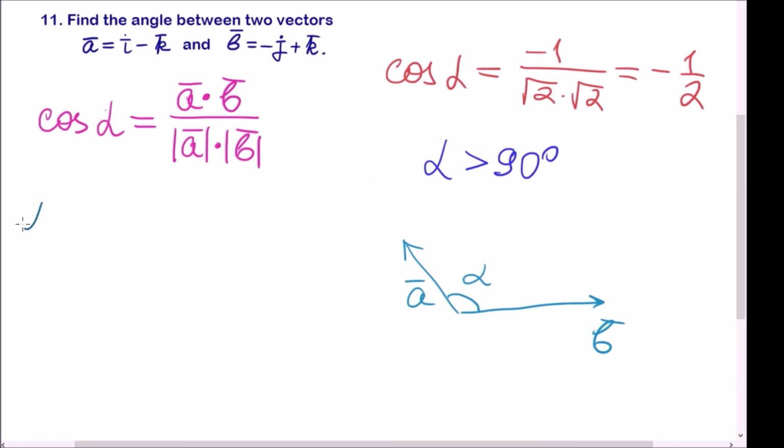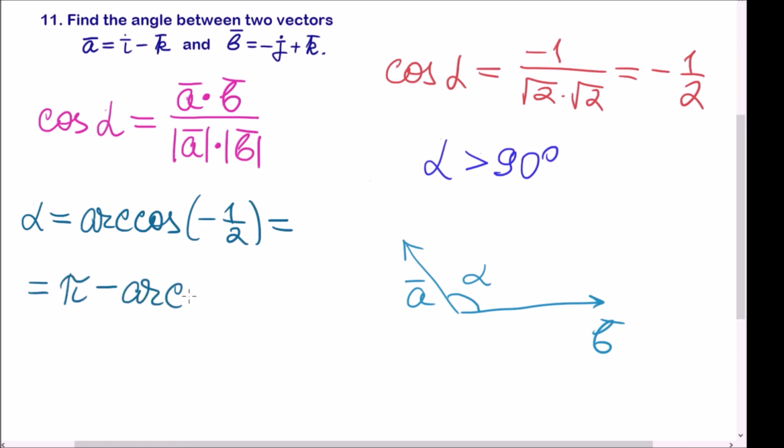The angle alpha is arc cosine of the number minus 1 over 2, and it is pi minus arc cosine of 1 over 2. We know that cosine of pi over 3 is 1 over 2.